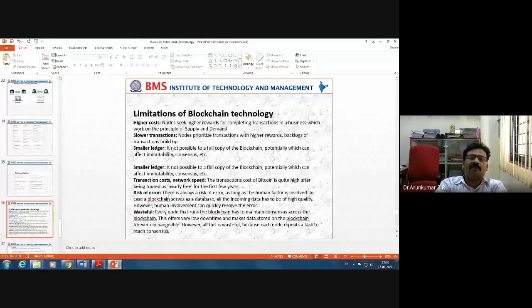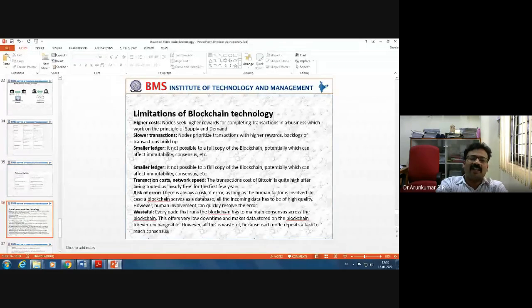Transaction costs and network speed also matter. The transaction cost of Bitcoin is quite high after being computed as nearly free for the first five years. Network speed is also important because without internet, the blockchain cannot work. Risk of error: there's always a risk of error as long as the human factor is involved.